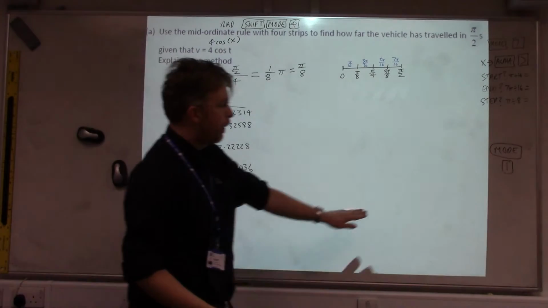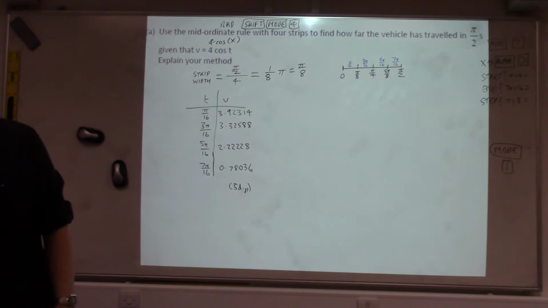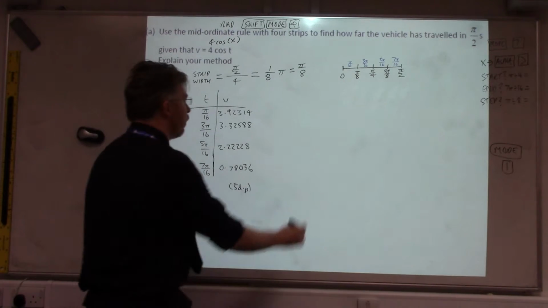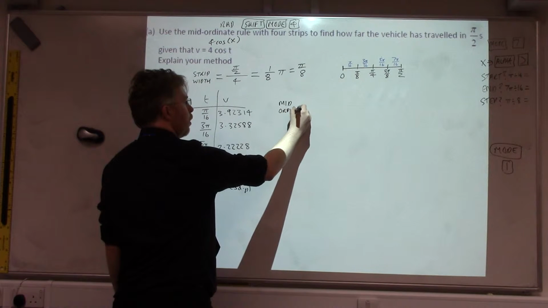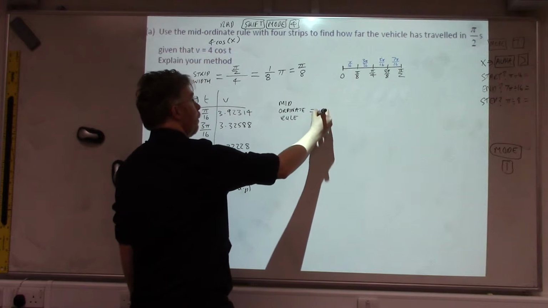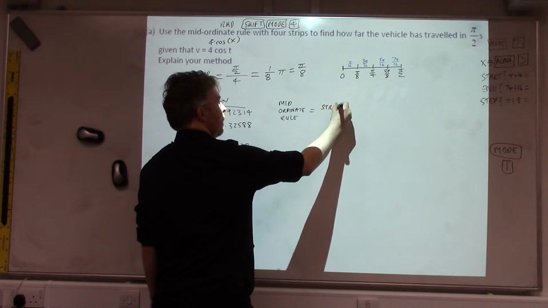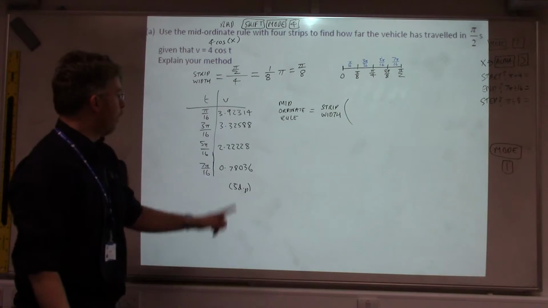Right, for the calculations later we need mode 1. And so we are doing the mid-ordinate rule as we did last time, which equals the strip width, open bracket, the sum of the v.